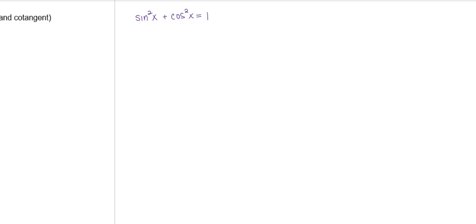And if we take the same Pythagorean identity and divide through by sine squared of x, every single term, sine squared divided by sine squared is 1, plus cosine squared x over sine squared x would be cotangent squared x, and the reciprocal of sine squared of x is cosecant squared x.